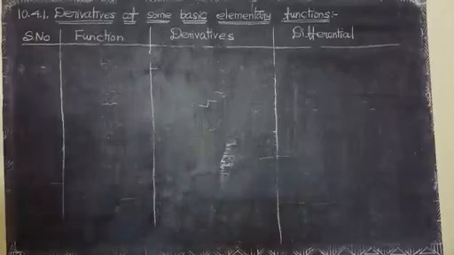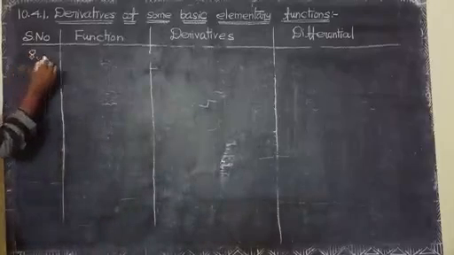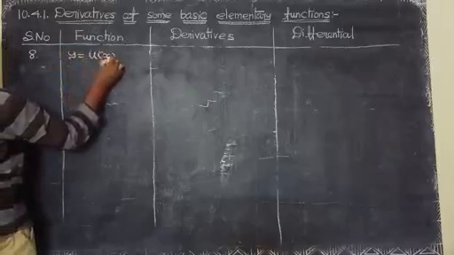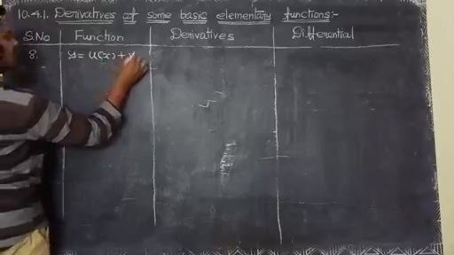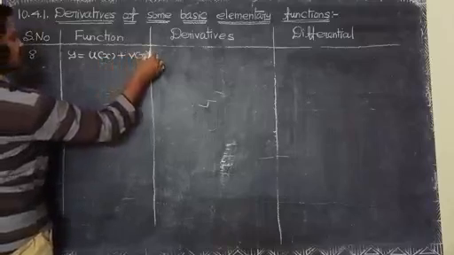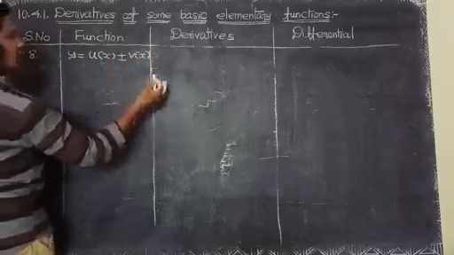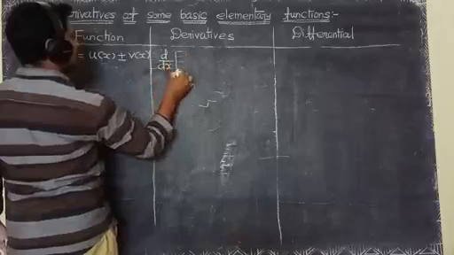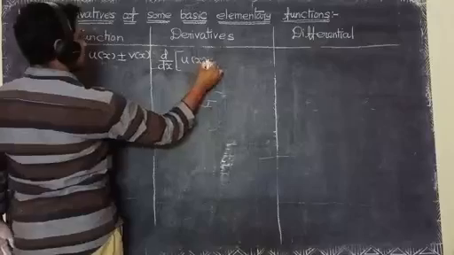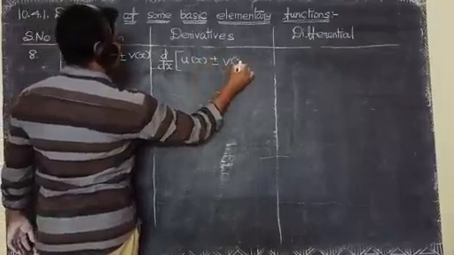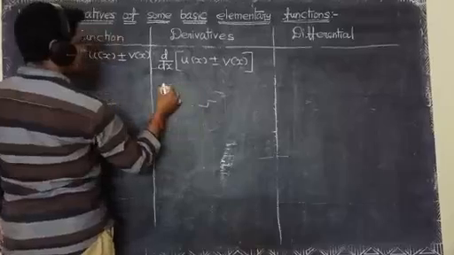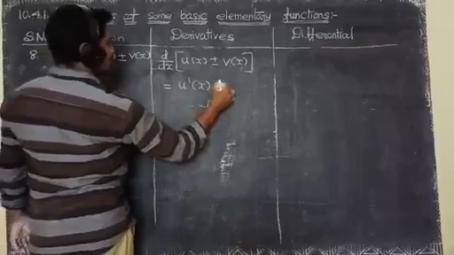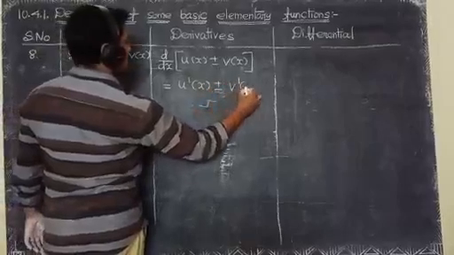Next, serial number 8: y equal to u of x plus or minus v of x, both are equal. Here, d by dx of u of x plus or minus v of x is equal to u dash of x plus or minus v dash of x.